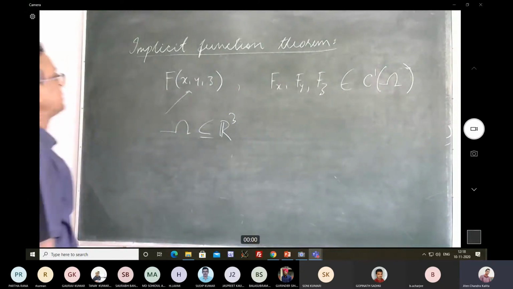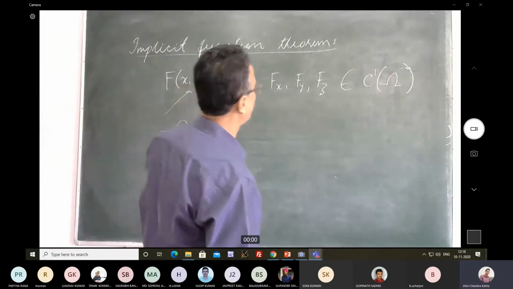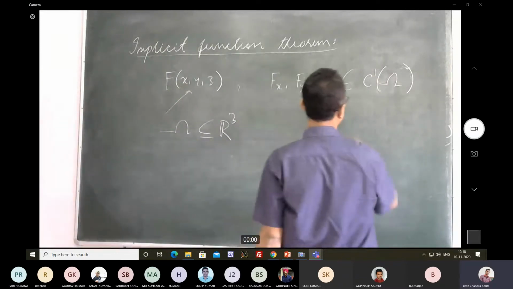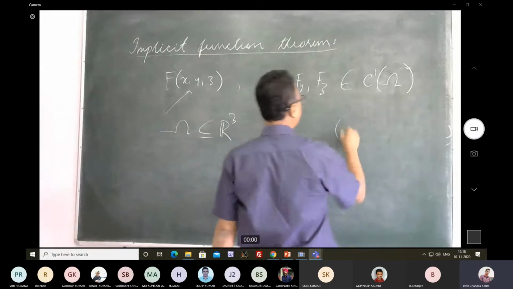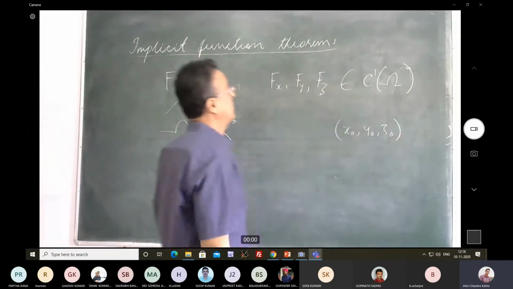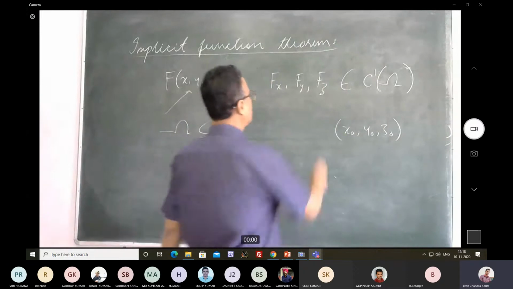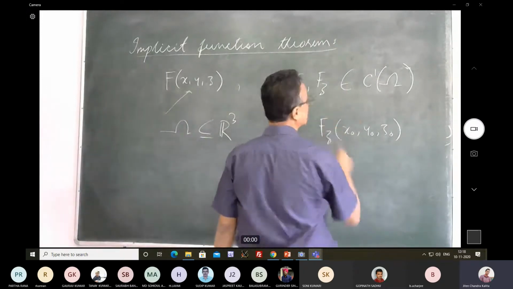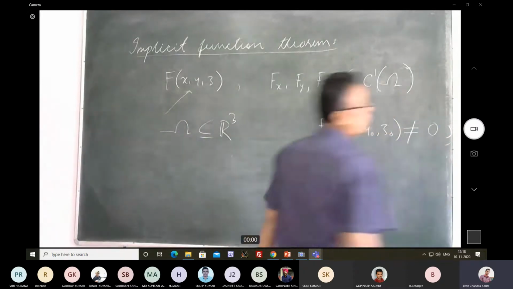They are continuous in omega, and suppose at a point x0, y0, z0, the partial derivative with respect to z is non-vanishing.